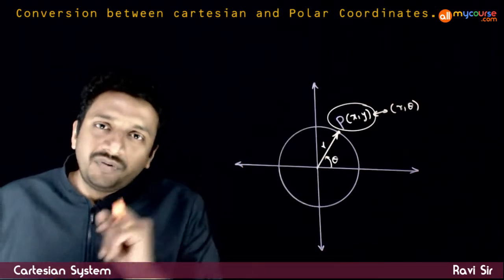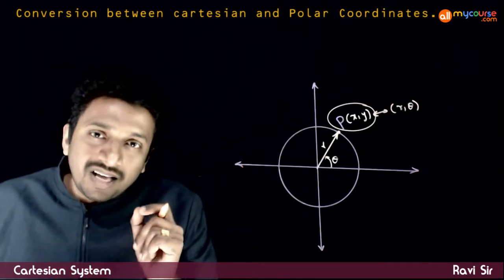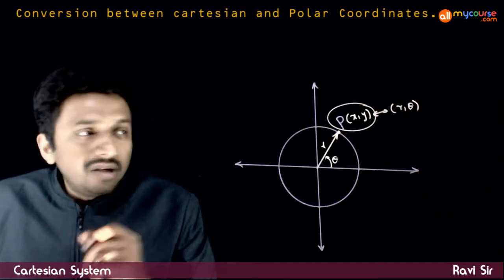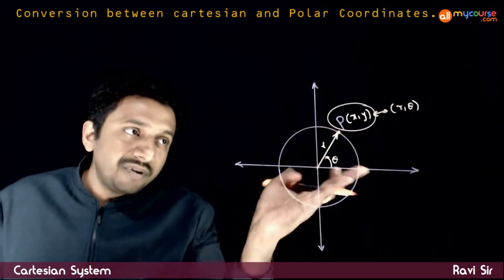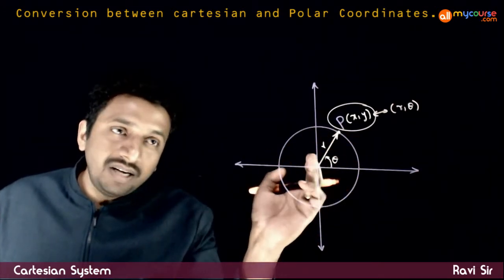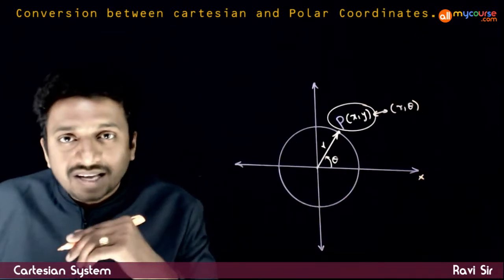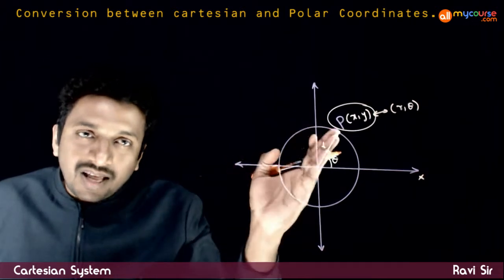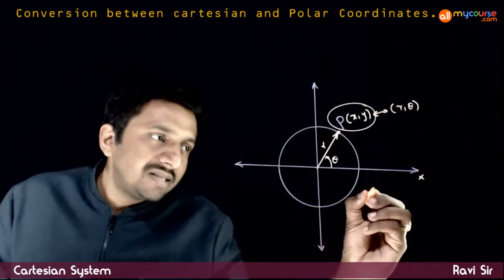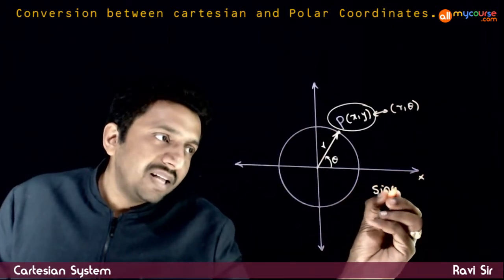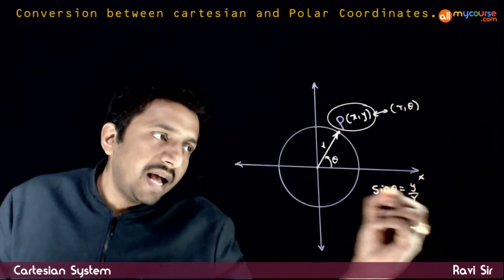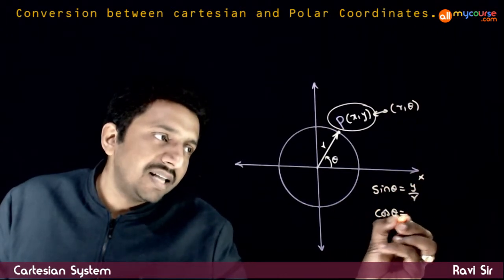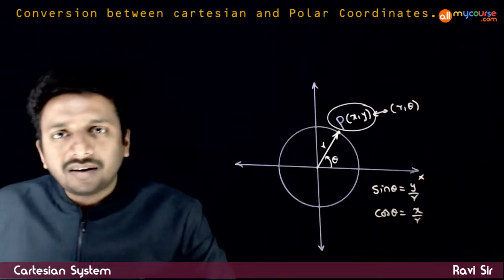Now, what is the relation between these two? In the definition of trigonometric ratios, we have seen that if a ray makes an angle of theta with the positive direction of the x-axis, and if x comma y is any point on this ray at a distance of r, sine theta is nothing but y coordinate by r, cos theta is nothing but x coordinate by r.